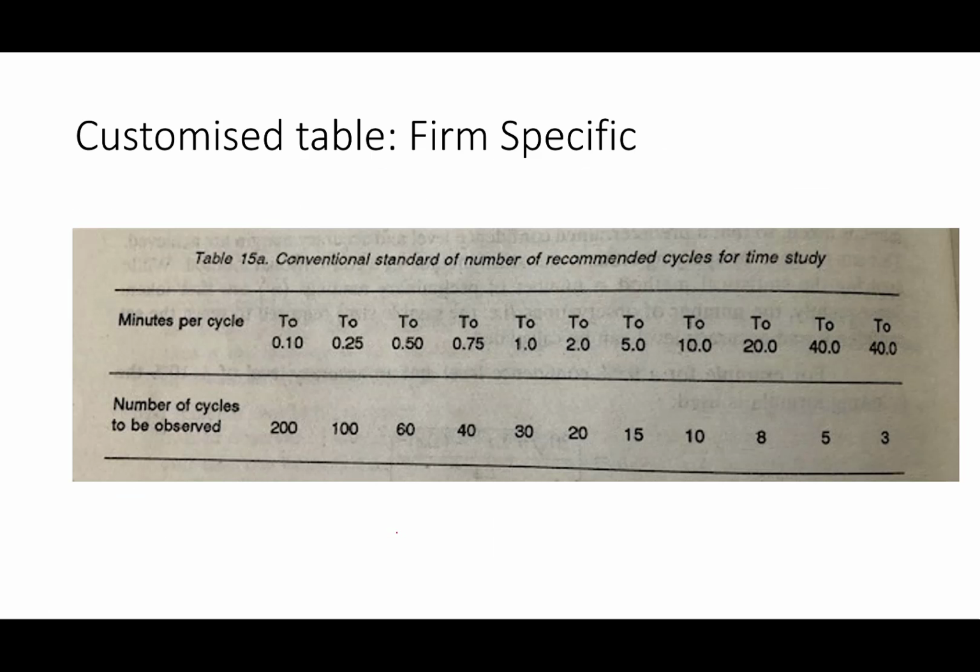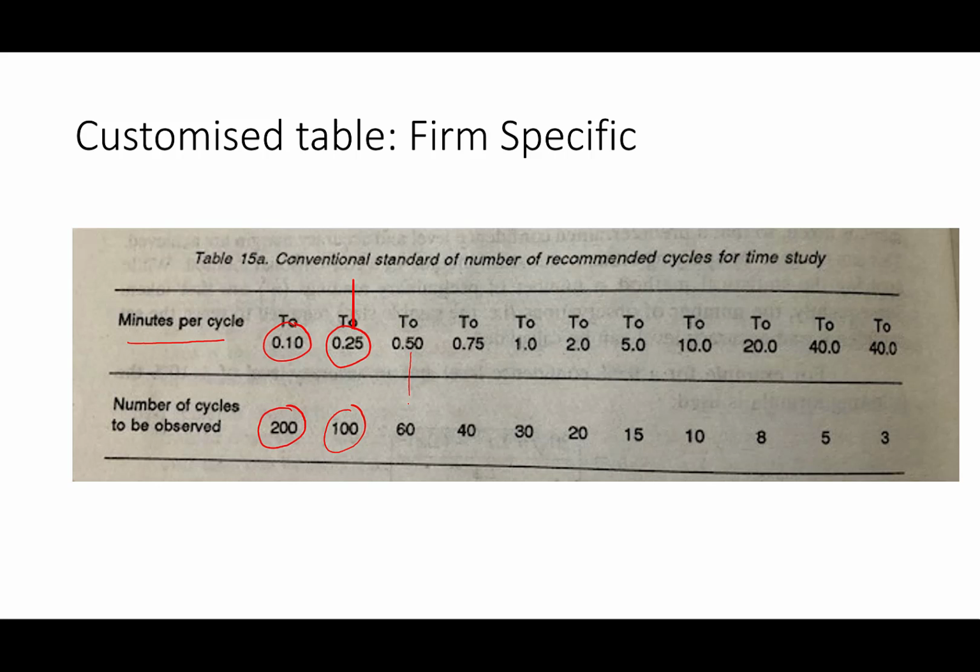So say this is one typical simplest table which shows, depending upon the cycle time, up to say 0.1 minute cycle time, 200 observations are taken, and up to 0.25 minutes of cycle time, 100 observations are taken.